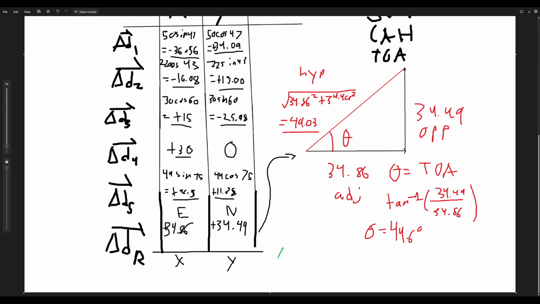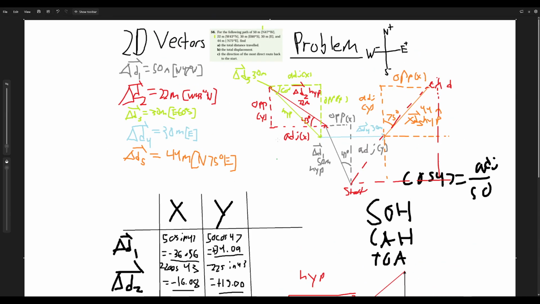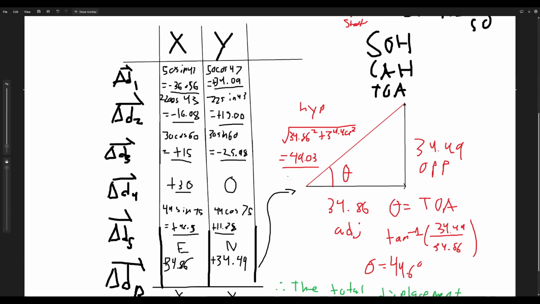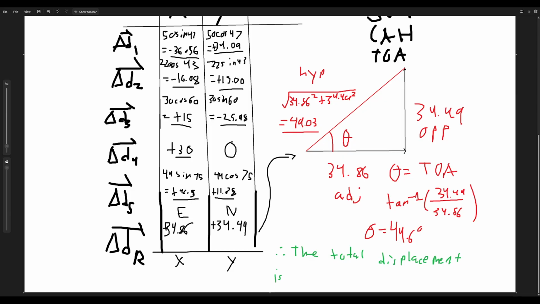And what I would like to do is write: therefore the total displacement is, and let's round to two significant digits. So 49.03 rounds to 49. So we can say the total displacement is 49 meters, rounding to two significant digits for the angle. But also, what direction is this?